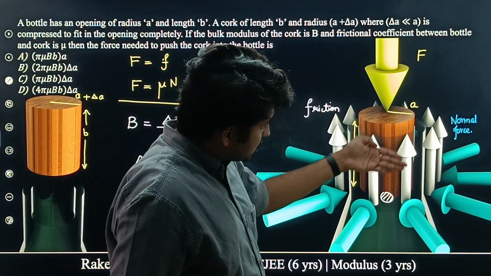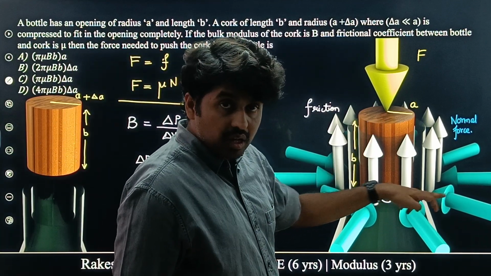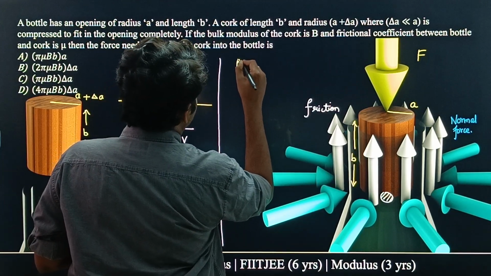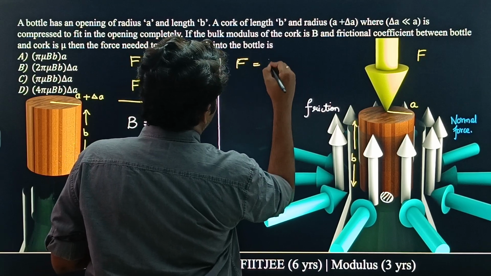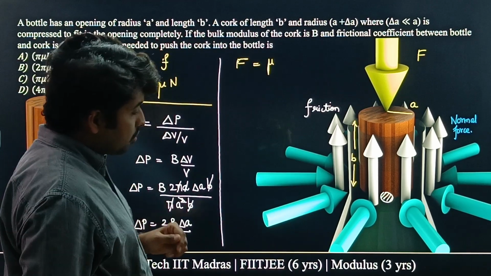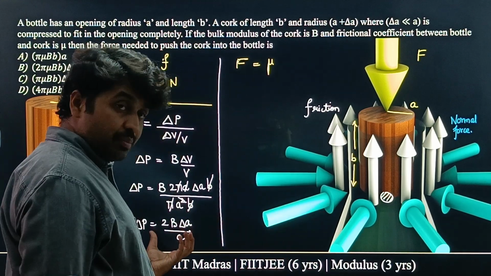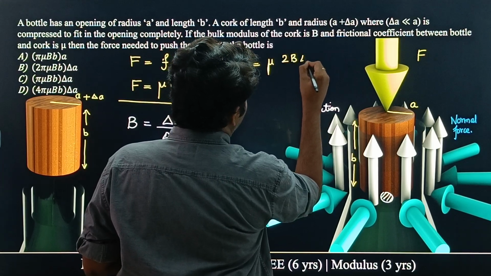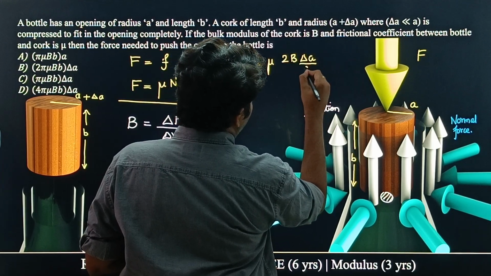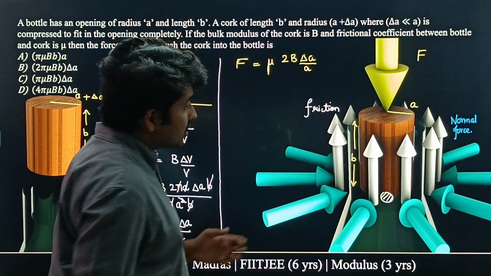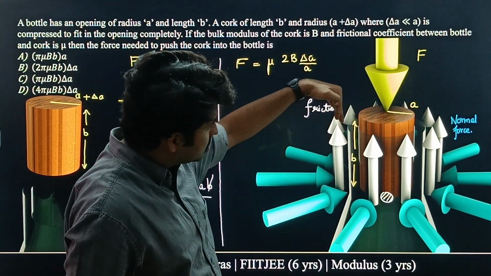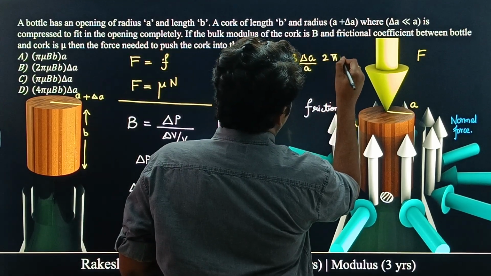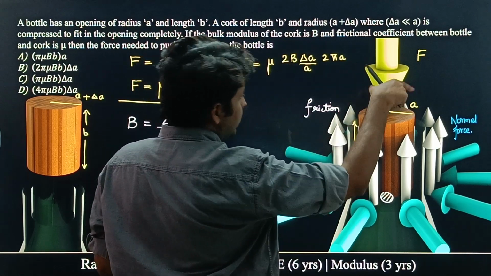So the total friction force will be mu times the total normal reaction. So I'll just write it here. F equals mu times the normal reaction. See, this is a pressure, so pressure is 2B delta A by A into what is the total surface area? Tell me, this acts on the surface area, right? So that is nothing but 2 pi A into B.